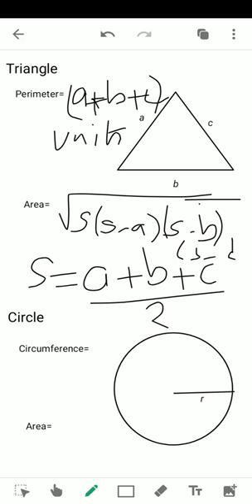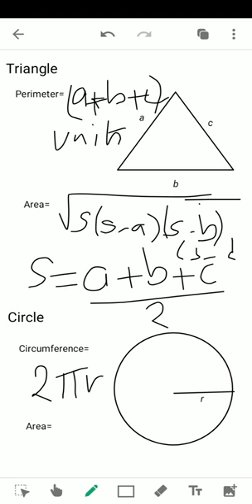Now let us go to the other figure, that is circle. I think you would have seen the word circumference over here. Circumference is nothing new, it's only perimeter, but in case of circle, we call this perimeter as circumference, and the circumference is given by the value 2 pi r.